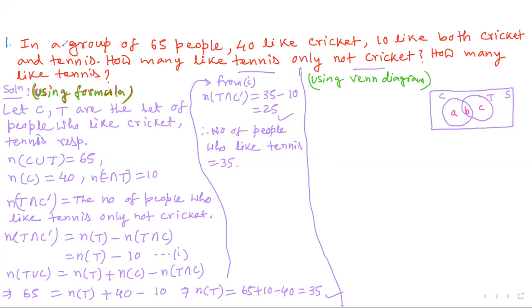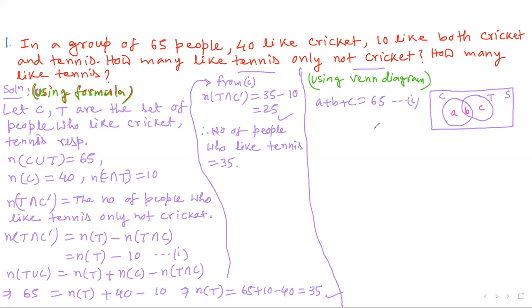First condition, in a group of 65 people, 40 like cricket, 10 like both cricket and tennis. So total number of people 65 means the whole union portion, that is union of C and T, which has three parts A, B and C. So we can write A plus B plus C is equal to 65. This is equation number 1.